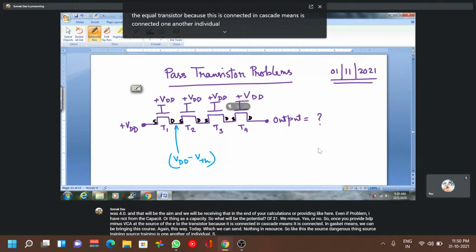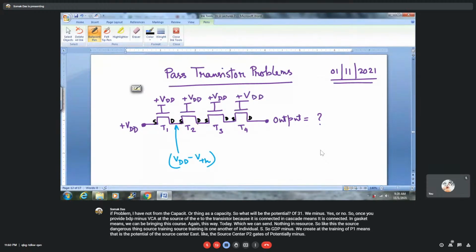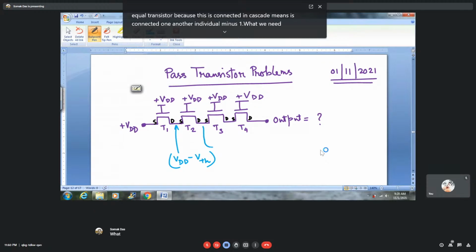So VDD minus VTH at the drain end of T1 means that is the potential at the source end of T2. Now, if the source end of T2 gets the potential VDD minus VTH, what will be the potential at the drain end of T2? Yes. What will be the potential at this point?